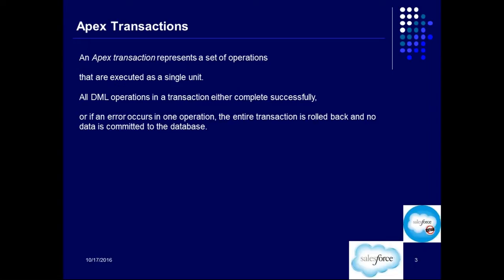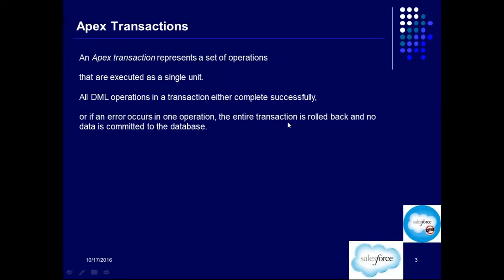The important part is all the DML operations in a transaction. If there are any DML operations inside a transaction, all of them are going to execute as one single unit. So all the DMLs either complete successfully, or even if there is an error in one DML record, the entire transaction will be rolled back.